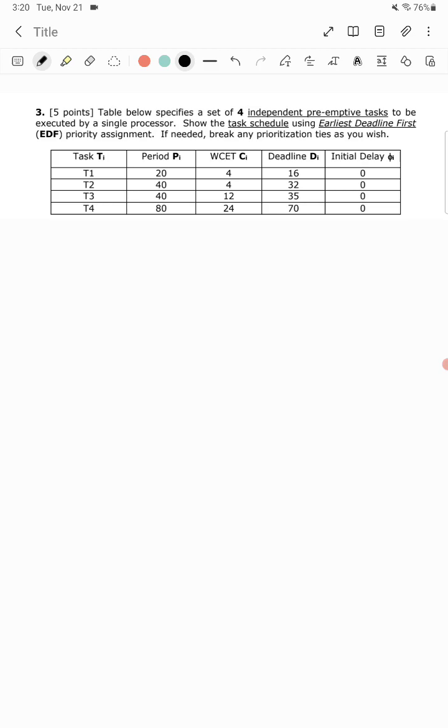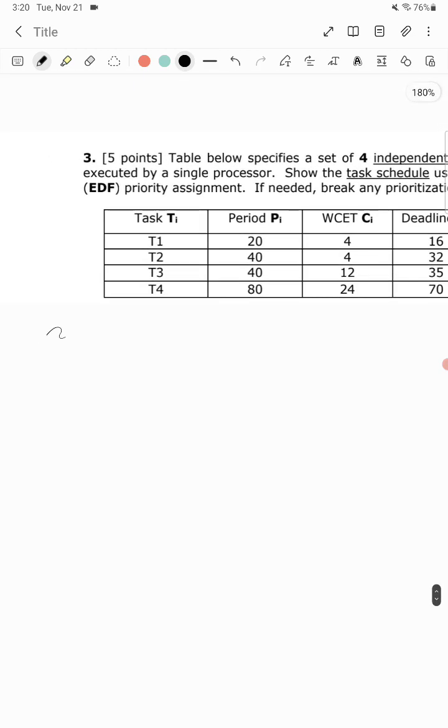Okay, let's get started. There's a few things you need to do to get started with this question. The first thing you need to do is to know how to calculate the priority value. You're probably familiar with something like tau.